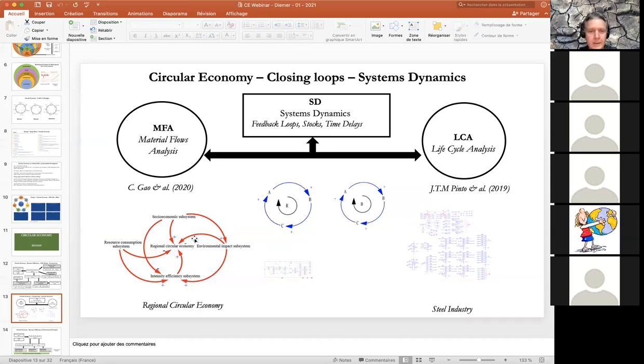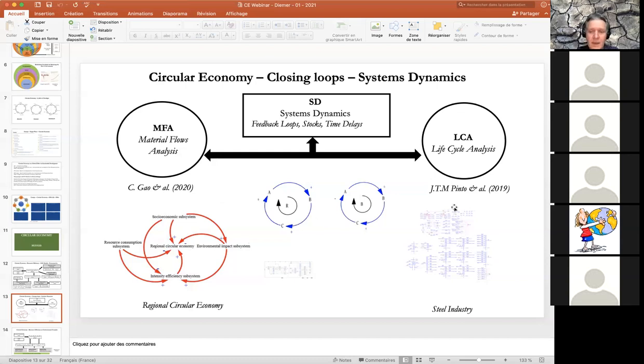It's not the same method, but I should add that these two methods are really focused on efficiency. So we have to develop new models to go beyond efficiency. It's part of the job, you know that you can improve efficiency, but it's not enough. We have to do something else.